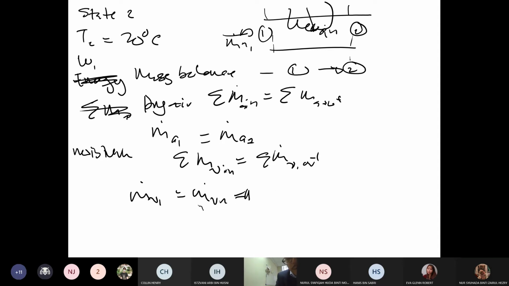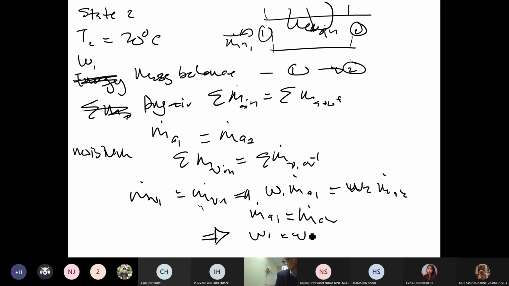Whereby m dot V1 sama dengan omega 1 m dot A1 kan? Dr. Wan dah tunjuk baru ni kan? Equal to omega 2 m dot A2. But m dot A1 is equal to m dot A2. So thus omega 1 is equal to omega 2. Okay, so omega 1 dah dapat tadi. So omega 2 is equal to 6.5 gram per kilogram of dry air.